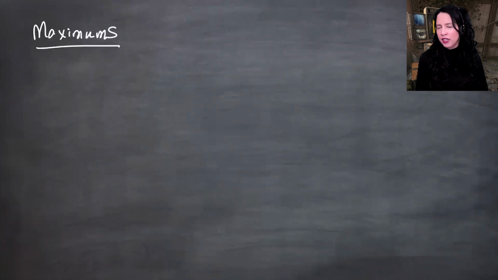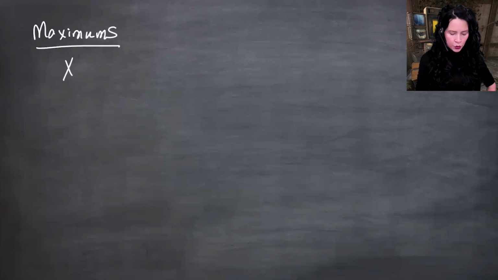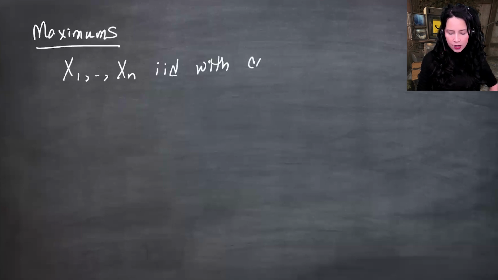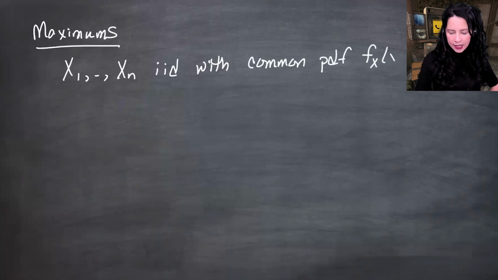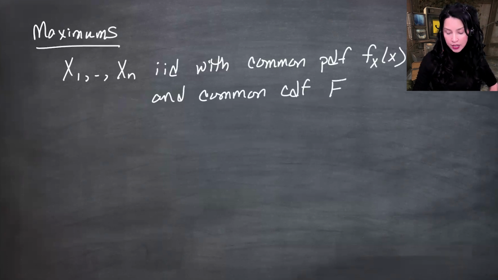Let's do it generically, as opposed to talking about the exponential distribution. So here's the setup: x1 through xn, IID with common PDF f sub x of x and common CDF, cumulative distribution, capital F sub x of x.